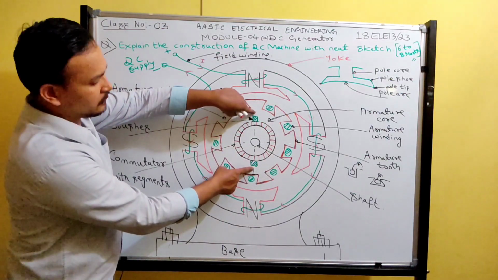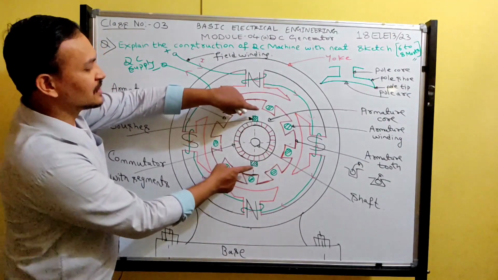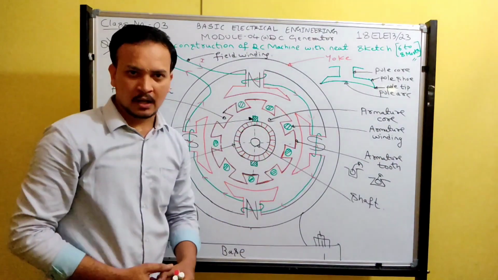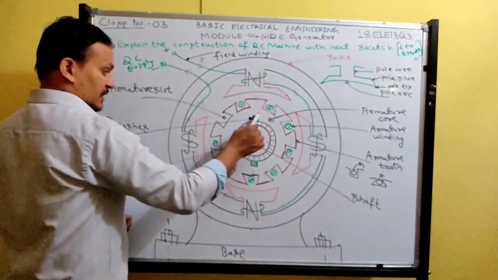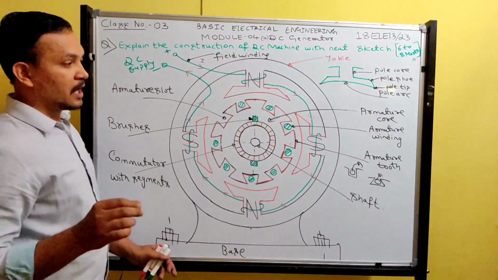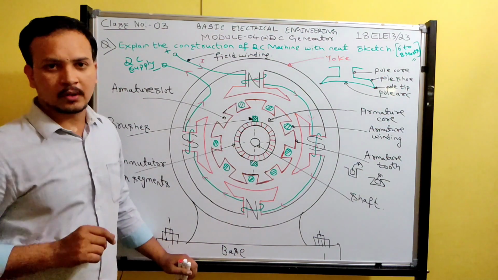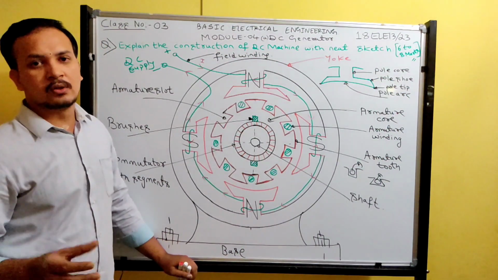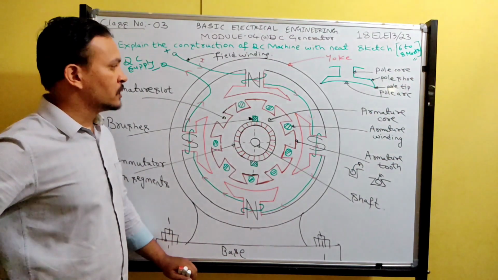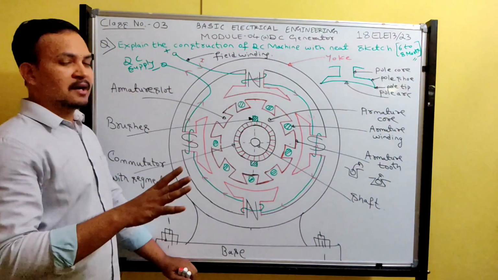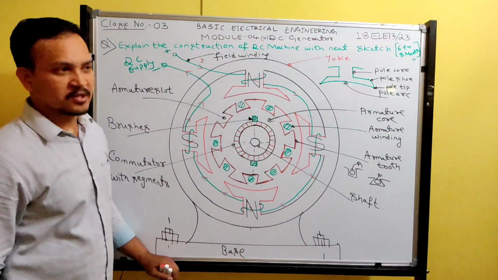Whatever you receive from the brushes, that voltage you can give to the external load. Okay, got it? Generally, the brushes are made up of carbon or copper, and sometimes we can use graphite brushes also. Understood, guys? So this is about the detailed construction of a DC machine.